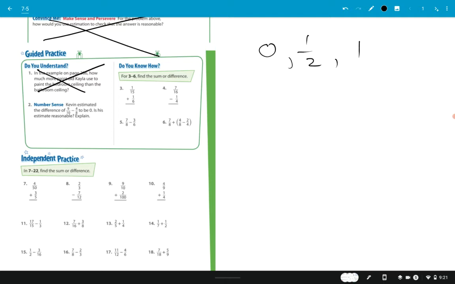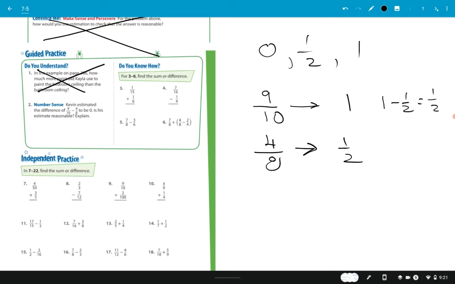So think about it this way. If we were to estimate 9/10, what is 9/10 closest to? 0, 1/2, or 1? 1. It's almost 1. You guys should know that by now. And then 4/8, if we were estimating 4/8, what is that closest to? Half, that's 1/2. So then we could write this as 1 minus 1/2, and that would equal 1/2.